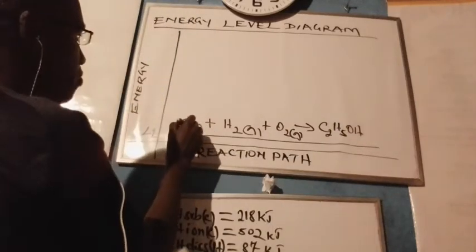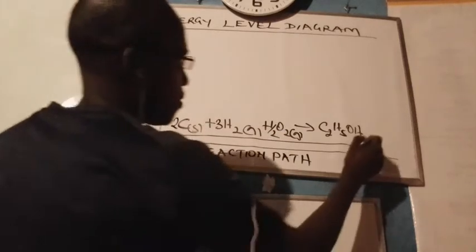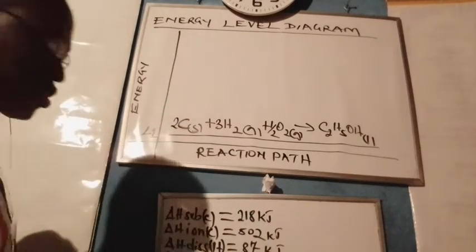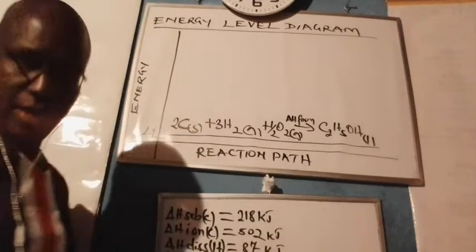Remember, the equation has to be fully balanced, and when you look at it, that is a balanced equation forming ethanol.